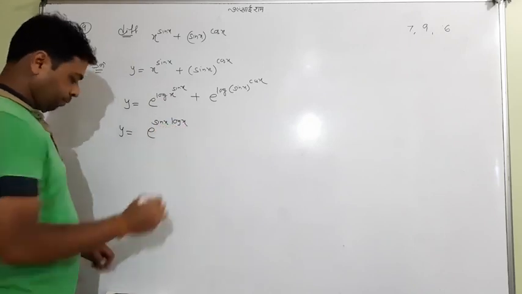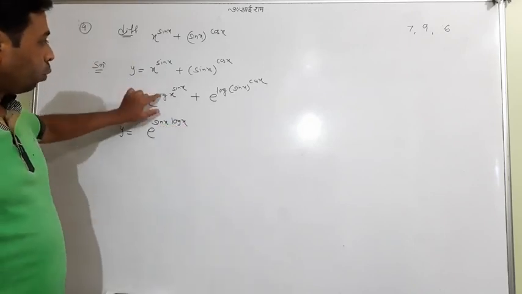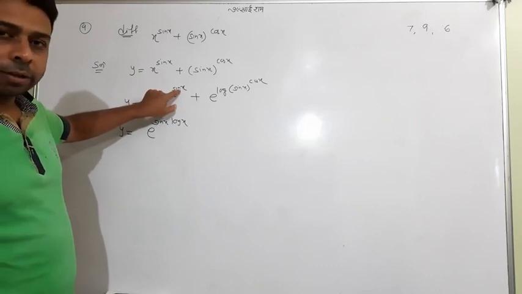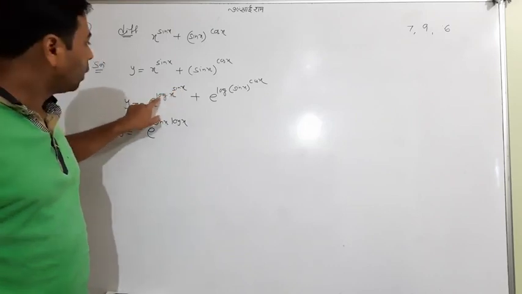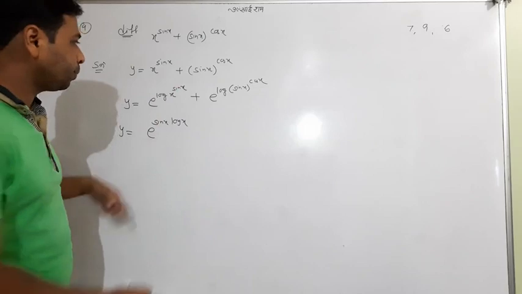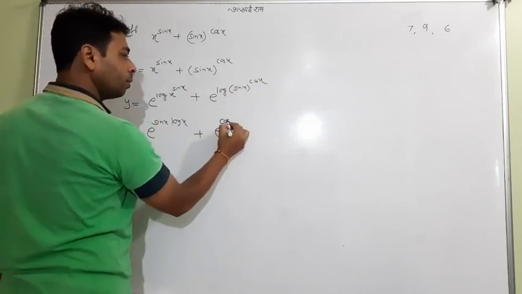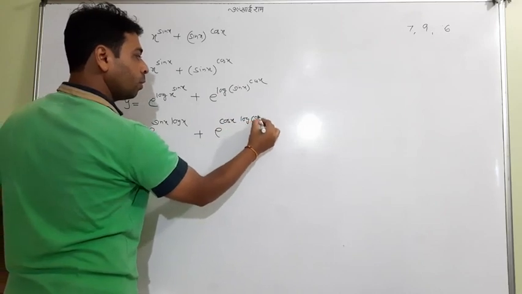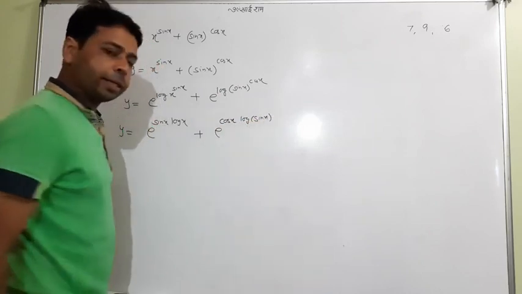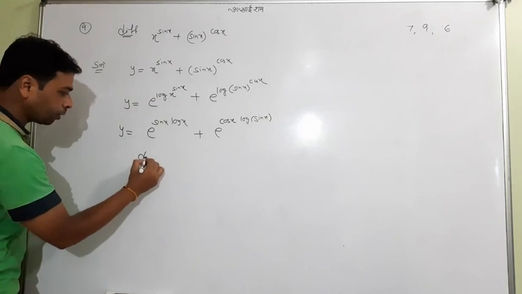Try to understand. Don't look at the e, only log m to the power n. You know the property till now: log m to the power n, n will come in front. Same here. Like that, now you are free to differentiate.